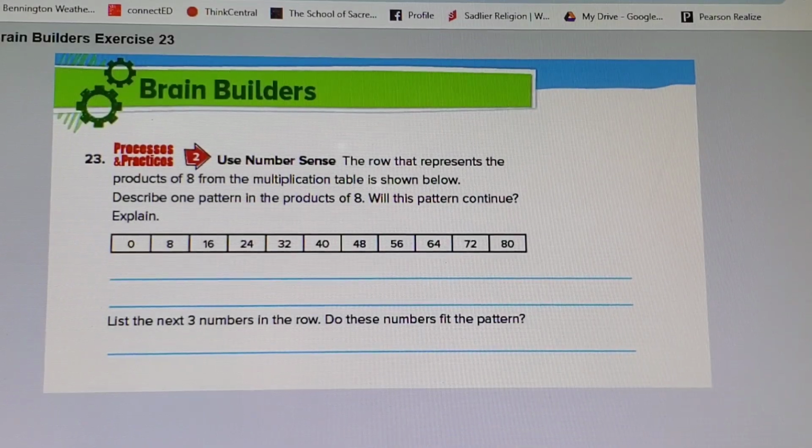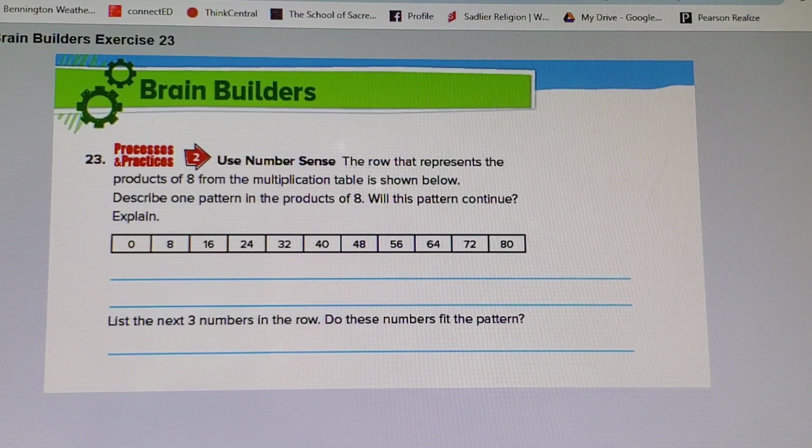Brain builders number 23. Processes and practices. 2. Use number sense. The row that represents the products of 8 from the multiplication table is shown below. So that's what they have right here. Describe one pattern in the products of 8.